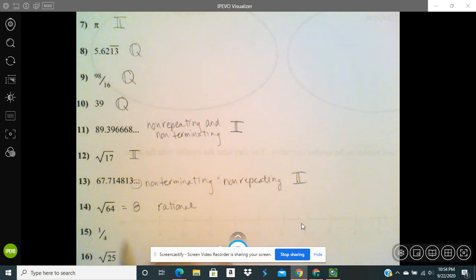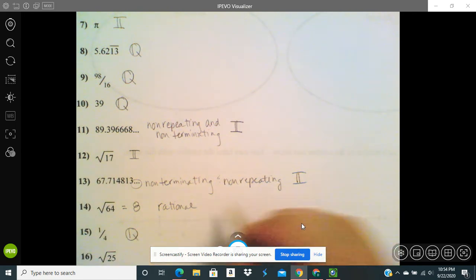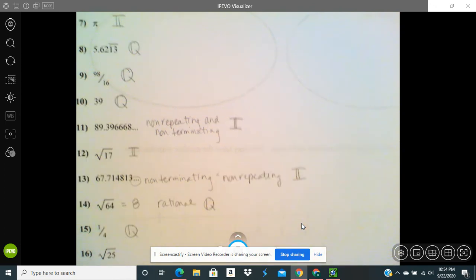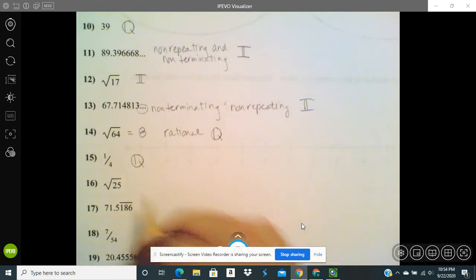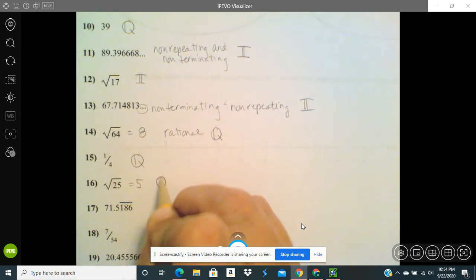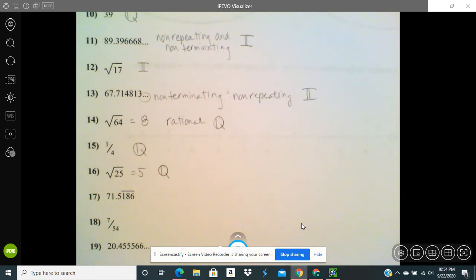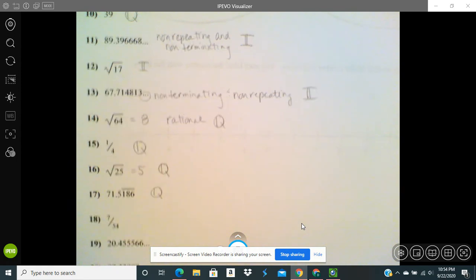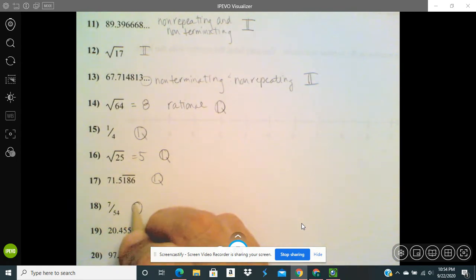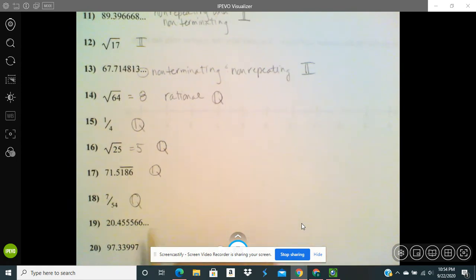Rational. 1/4, rational. Square root of 25 is 5. That's rational. Repeating decimal, rational. Fraction is rational. Oh, here we go again. This is irrational.